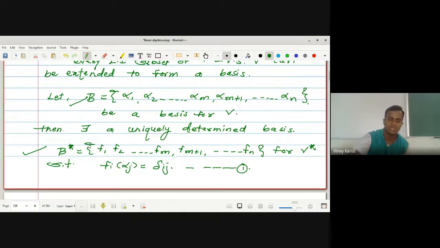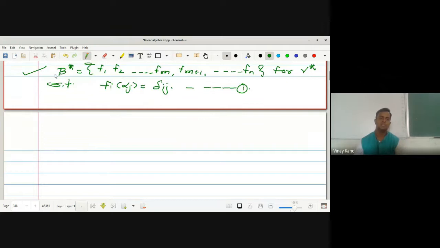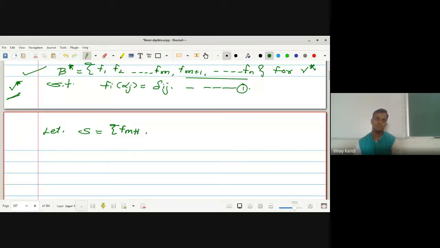Now this B star is the basis for V star. Now let the set S be equal to Fm plus 1, Fm plus 2, up to Fn. I have taken the vectors from here onward.